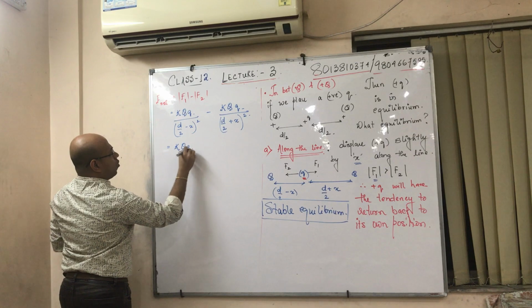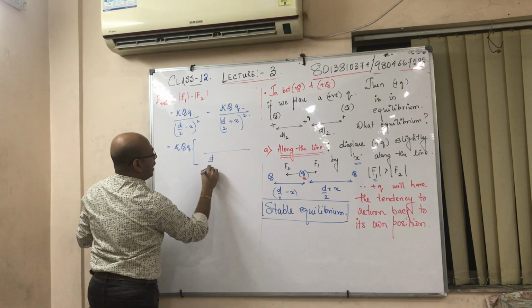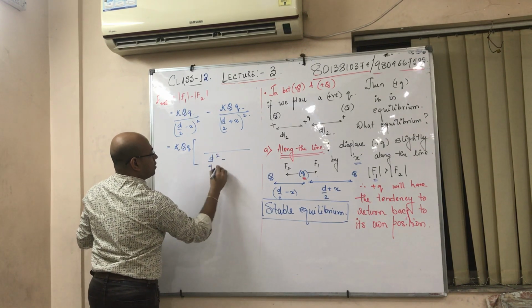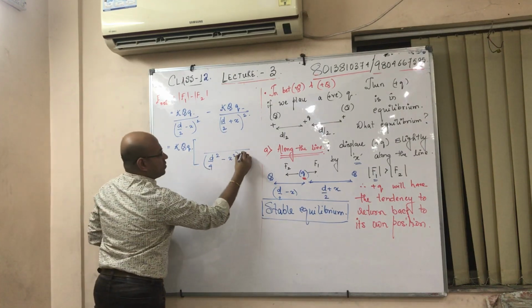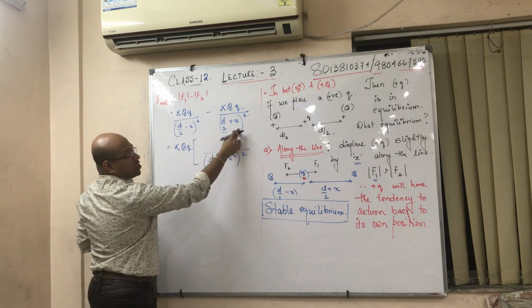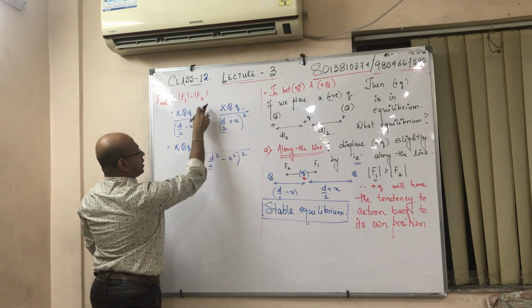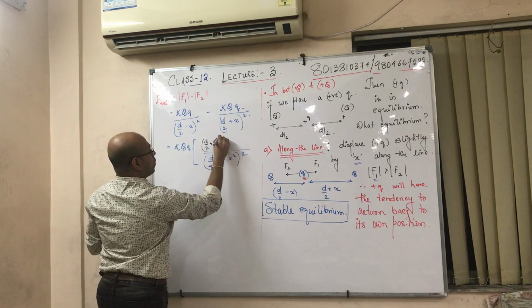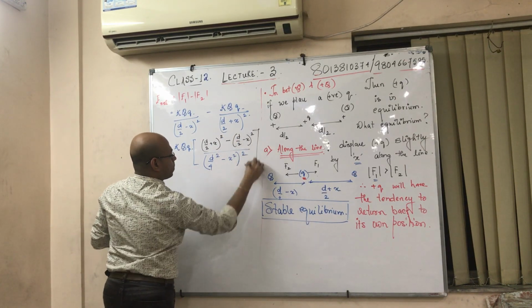K big Q small q, take in common this. This is a very interesting thing. You have to understand. D by 2 whole square. Let's do it: d by 4 minus x square. See, it is a minus b, a plus b multiplied, a square minus b square, and the total whole square. And in the above, it is d plus x by 2 whole square minus d by 2 minus x whole square.